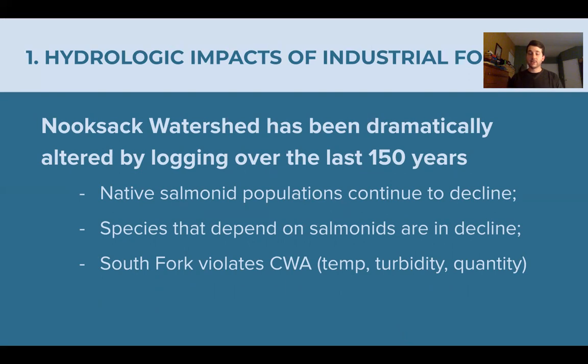So since settlers, European settlers came west in the 19th century, the Nooksack watershed has been subjected to very intensive forest practices. And in particular, over the last 75 years, the watershed has seen very aggressive industrial forest practices that have reduced salmon populations to the point that some of the runs are nearing extinction and may go extinct in the years to come.